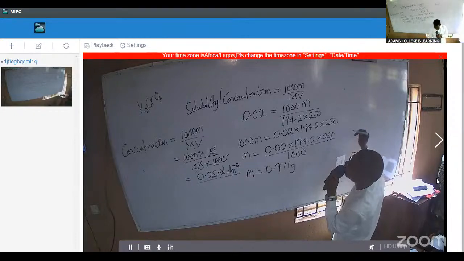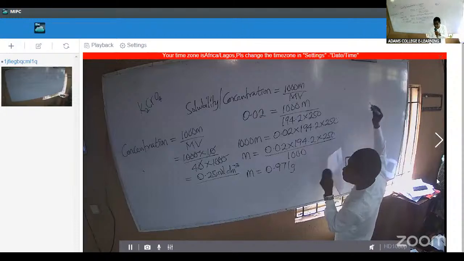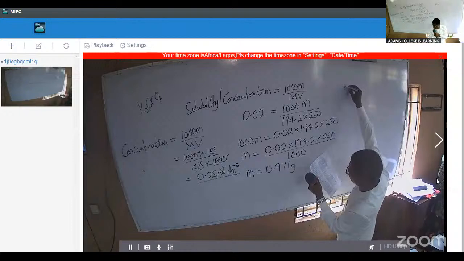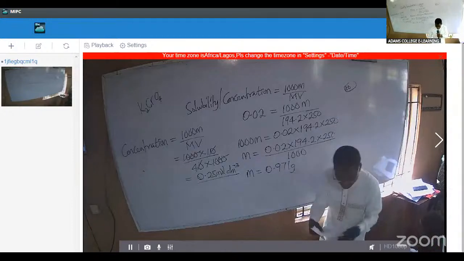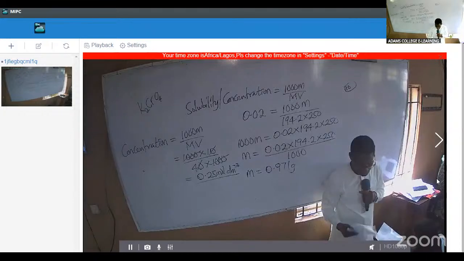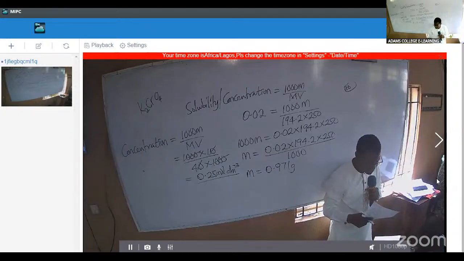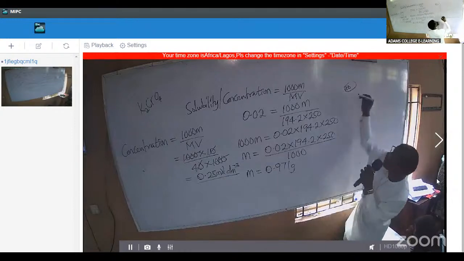Quiet. Have you done solubility? Have you done saturated solution? So you know this one now. A change in temperature of a saturated solution upsets the equilibrium between the what? That's the answer. This is the solubility curve.